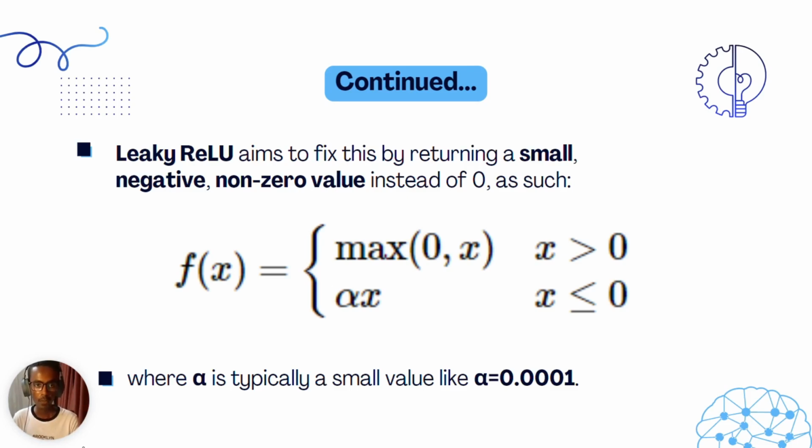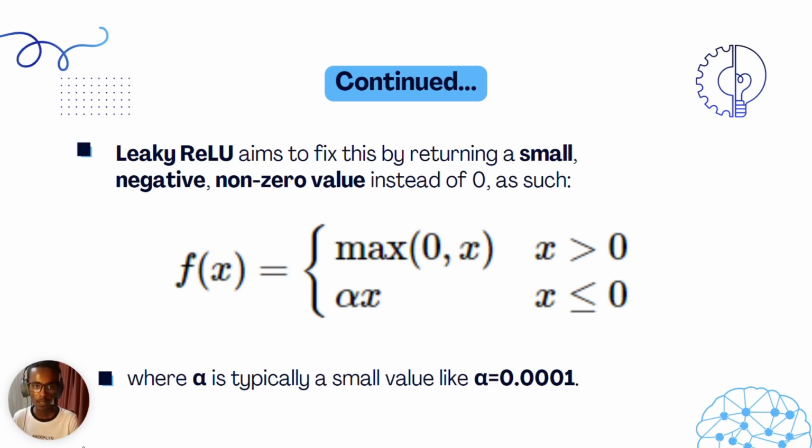Mathematically, we can express it by using a piecewise defined function in which the output is going to be the same as the ReLU for values greater than 0. So it's going to return the maximum of the input and 0.